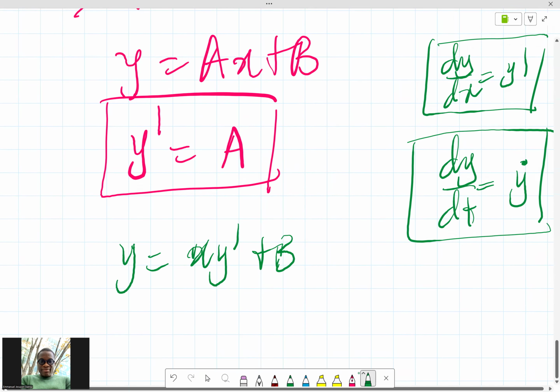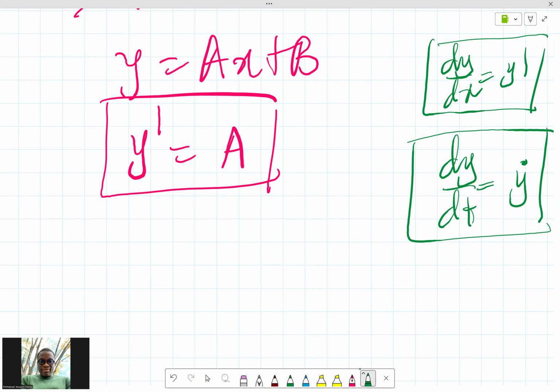Y prime is a, so b is automatically gone. We can substitute that a into where we are coming from.